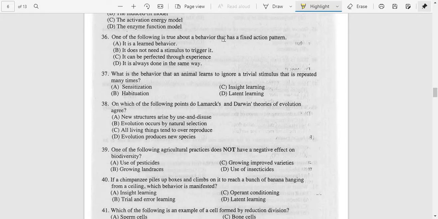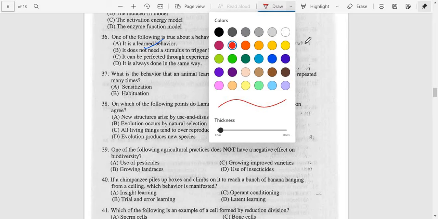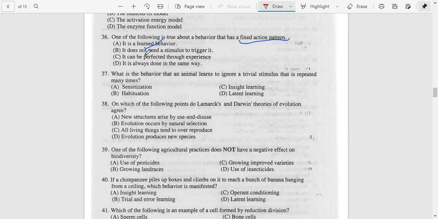Okay, which one of the following is true about a behavior that has a fixed action pattern? It is a learned behavior, no. A fixed action pattern is an innate behavior. It does not need a stimulus to trigger it, no, a stimulus is needed. It can be perfected through experience, no. It is always done in the same way.